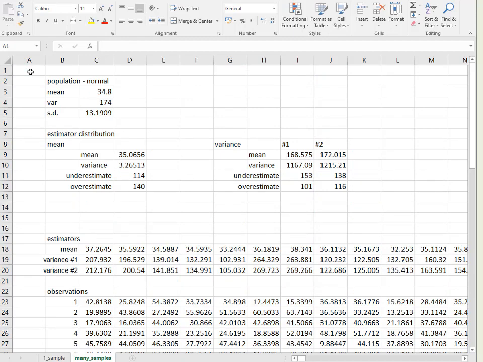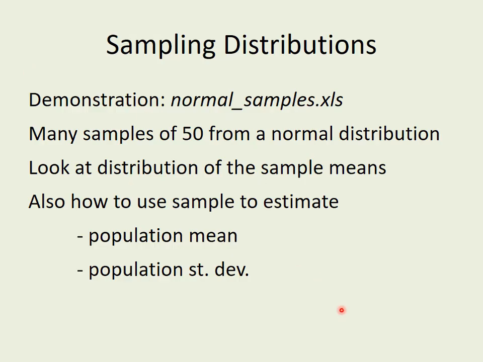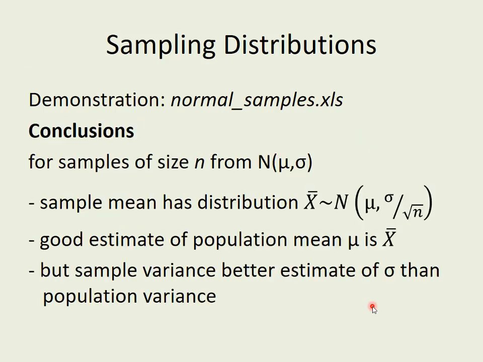So let's see what we conclude from that, hopefully, back here. So conclusions are, when you're taking estimates from this normal distribution, the sample mean follows a normal distribution, and the mean of the normal distribution is this.